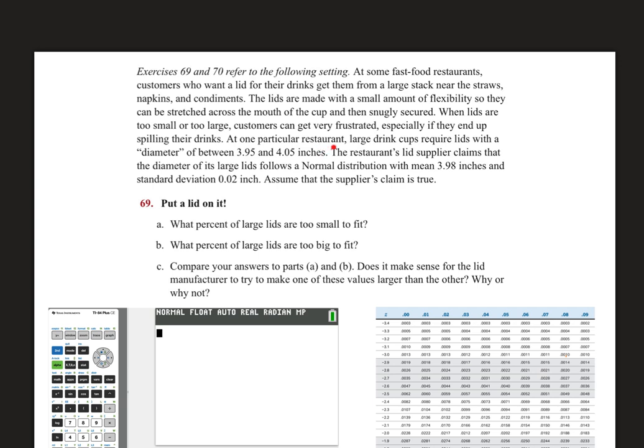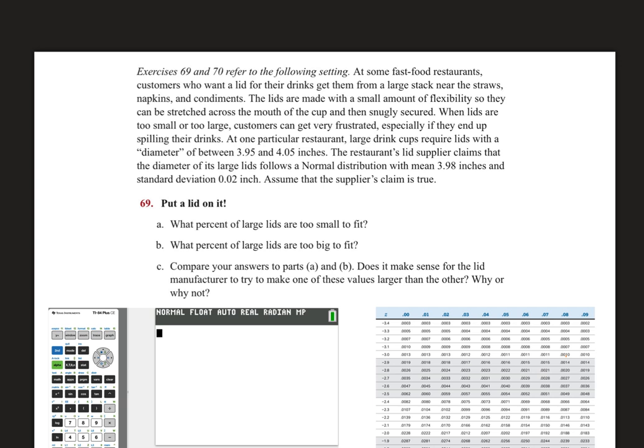At one particular restaurant, large drink cups require lids with a diameter between 3.95 and 4.05 inches. The restaurant's lid supplier claims that the diameter of its large lids follows a normal distribution with a mean of 3.98 inches and a standard deviation of 0.02 inches.